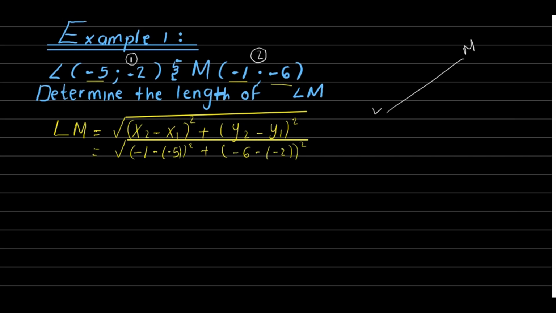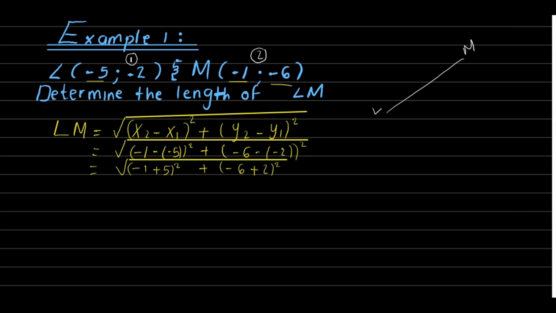Okay, you can quickly punch that into the calculator. I'm going to simplify this further for someone out there. So it's going to be -1 minus a minus, which is plus 5, all squared, plus -6 minus a minus, which is plus 2, all squared. It is pretty clear from here what we're working with.